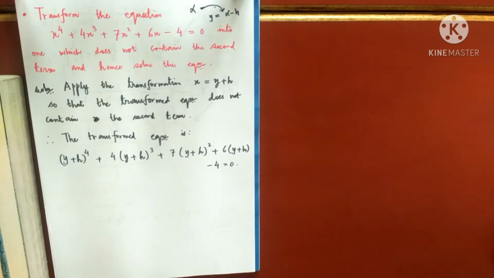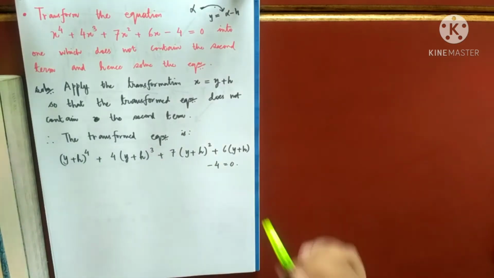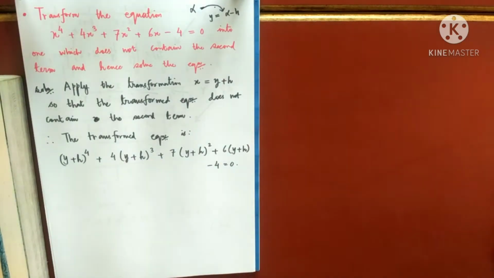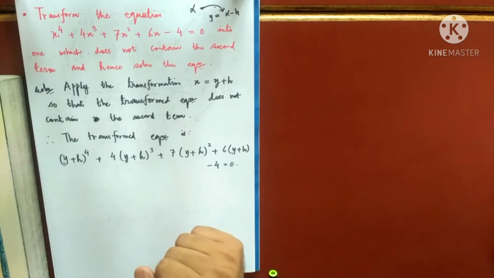That means you divide by y minus h. So when you are putting y equals y minus h, you will get a polynomial in y. Or what you can do is apply the binomial expansion here and so on. What should I do? You only tell me whether I should use the synthetic division or the binomial expansion.